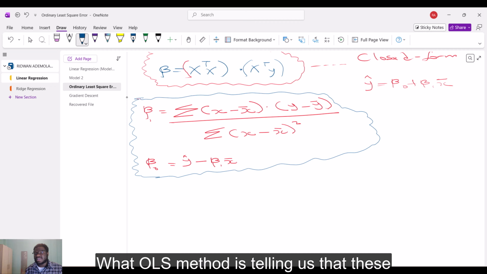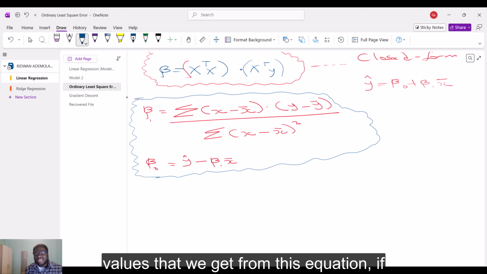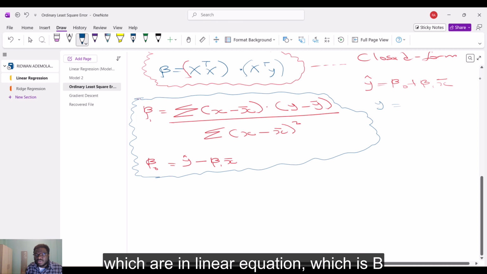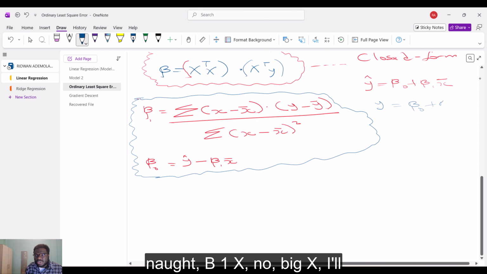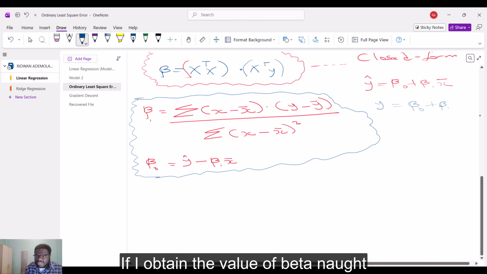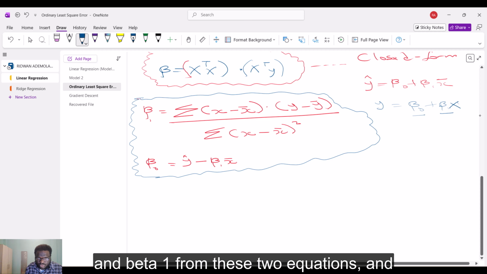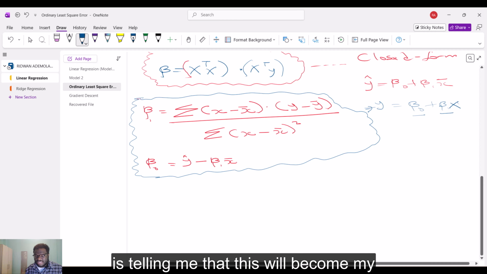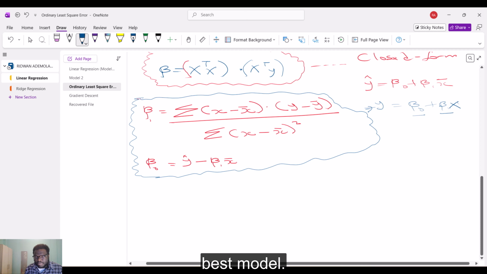What the OLS method is telling us is that these values that we get from this equation, if we insert them into the linear equation, which is b naught plus b1 big X, I'll use big X. If I obtain the value of beta naught and beta 1 from these two equations, and I put them into this equation, OLS is telling me that this will become my best model.